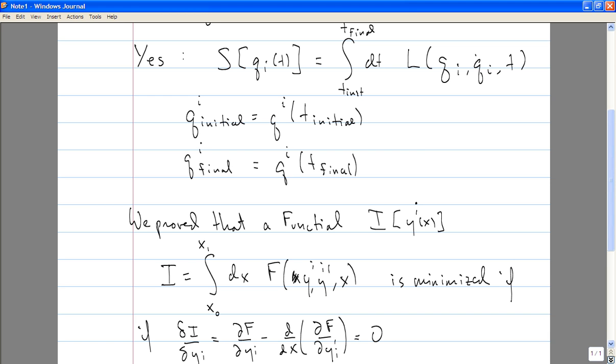So now all we need to do is compare this equation here to the equations of motion of a mechanical system.